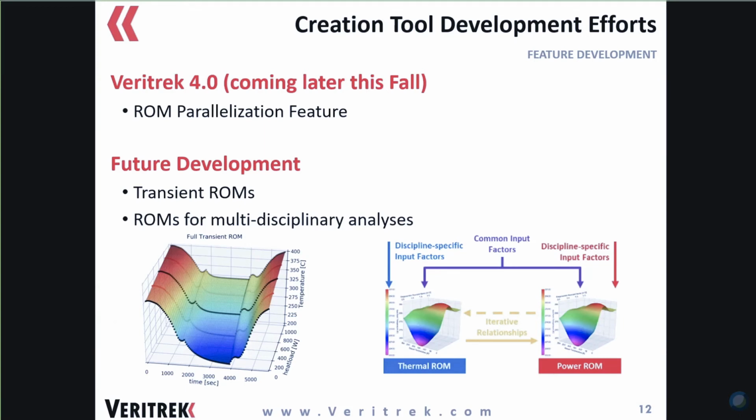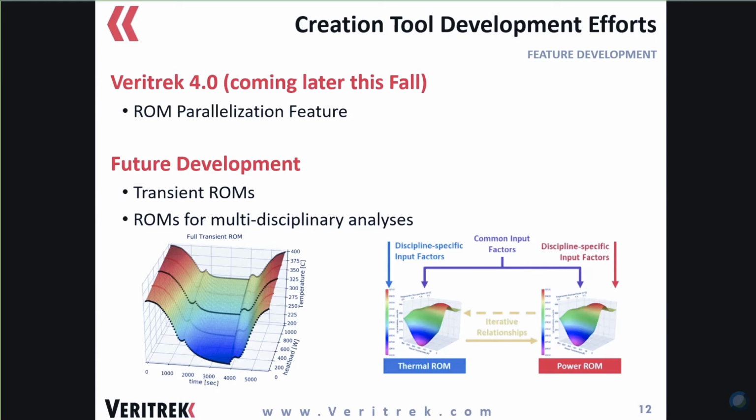Another area where we're doing some active development is multidisciplinary reduced order models. Everything in this presentation has really been about thermal reduced order models, but the approach can also be applied to other disciplines. In some of the Mars 2020 work, there was a power component that's very important and very interrelated with thermal.